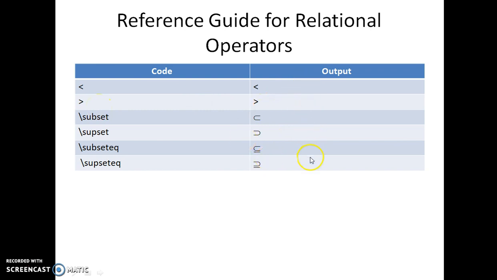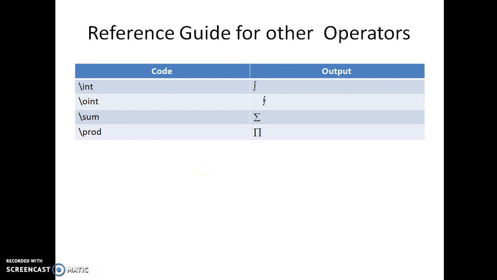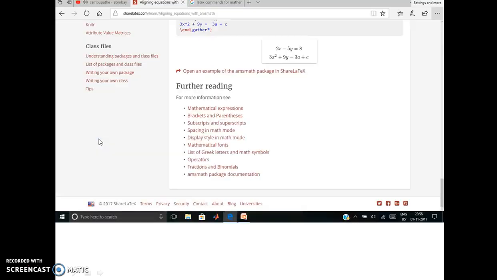The ones on the right hand side are the output. The respective codes for them are given on the left hand side. Other operators like the integral is given by backslash int. A circular integral is given by oint. A sum is invoked by backslash sum. A product is invoked by backslash prod.